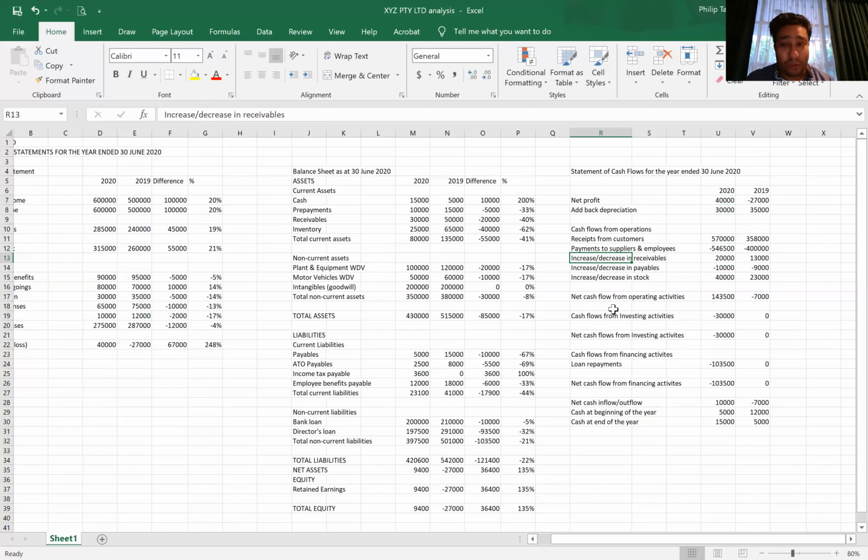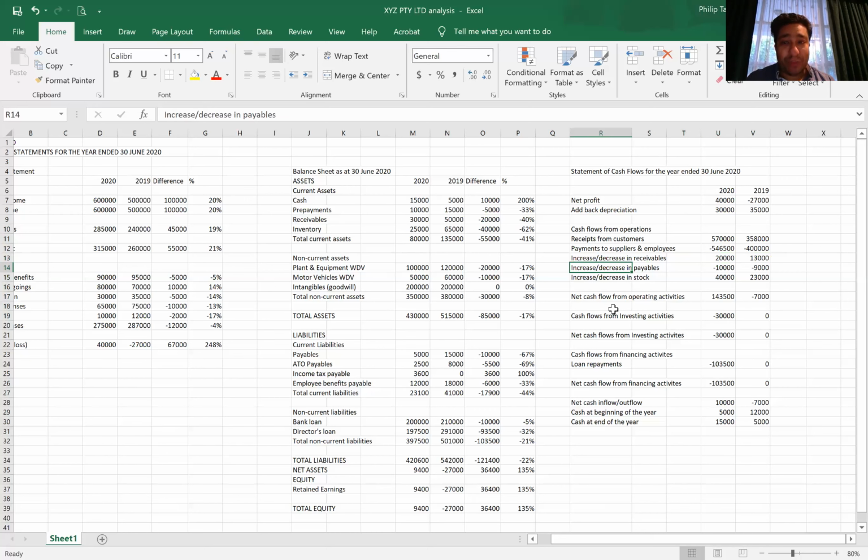Increase in receivables. Now the increase or decrease in receivables, an increase in receivables is a negative amount because it means that you're providing for more debtors. However, a decrease in receivables is a good thing, and that's a positive amount because that provides more cash inflow for your business.